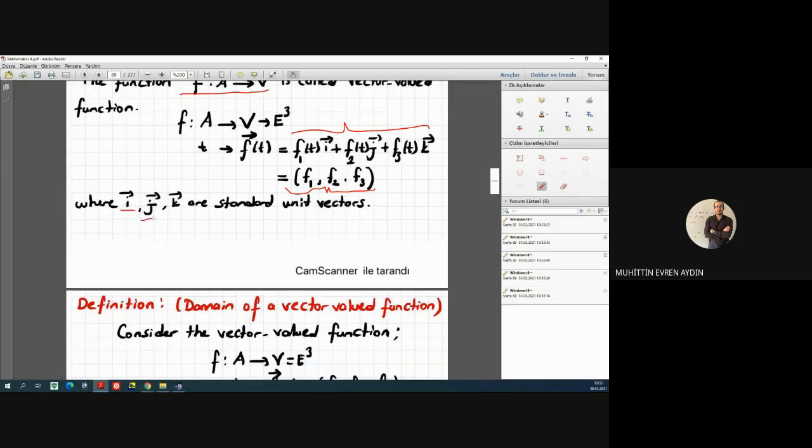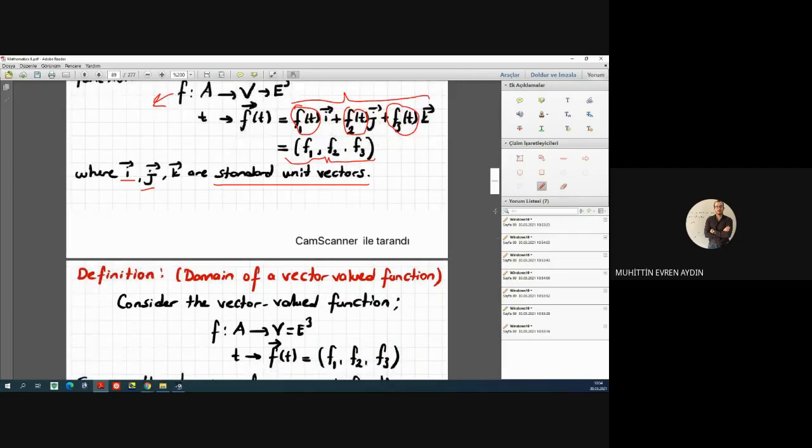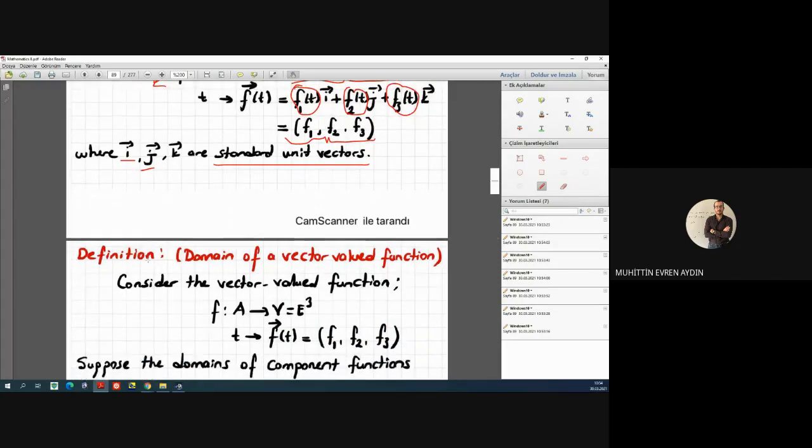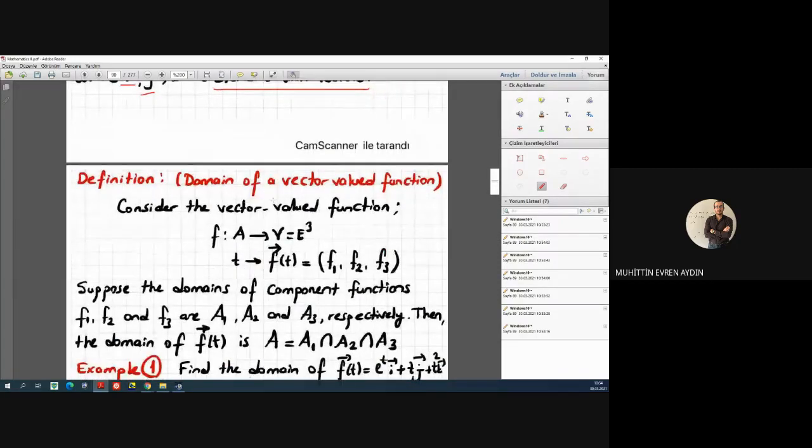Here, i, j, k are standard unit vectors, and we call the functions f1, f2, and f3 the component functions of f. Okay, the domain of a vector valued function.